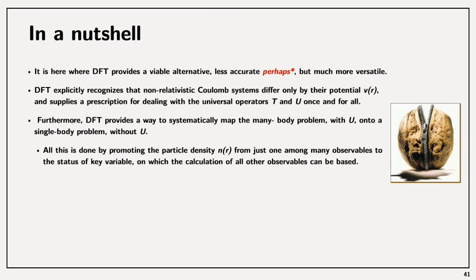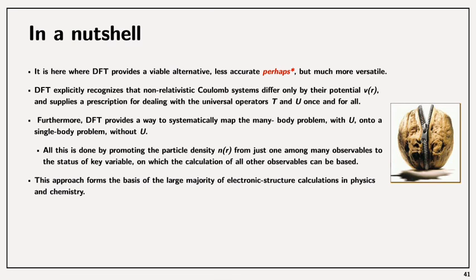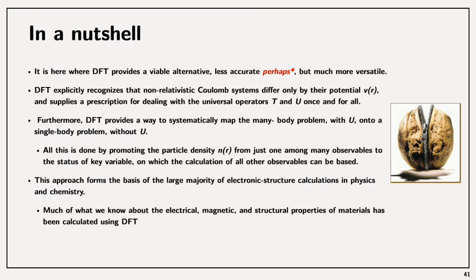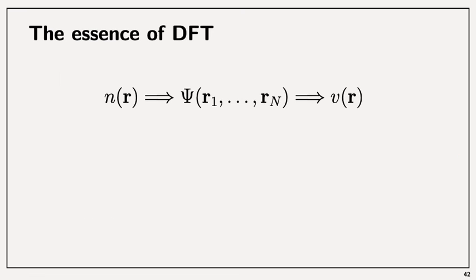And then we will demonstrate formally that the density is all you need. It turns out that today, when you want to do a calculation to understand a material or a chemical or anything like this, there is a 99.5% chance that DFT has been used for that. Okay, so this is what we are going to do.